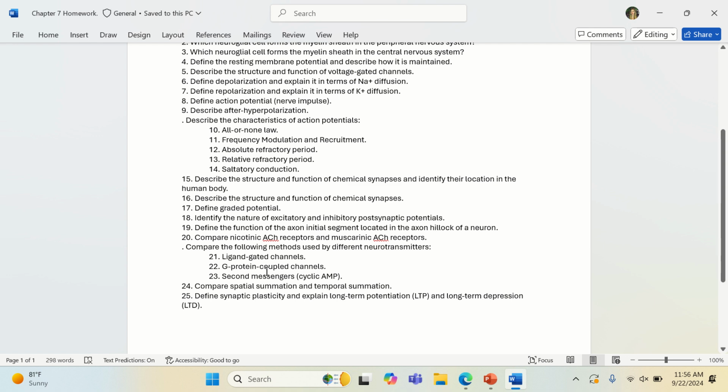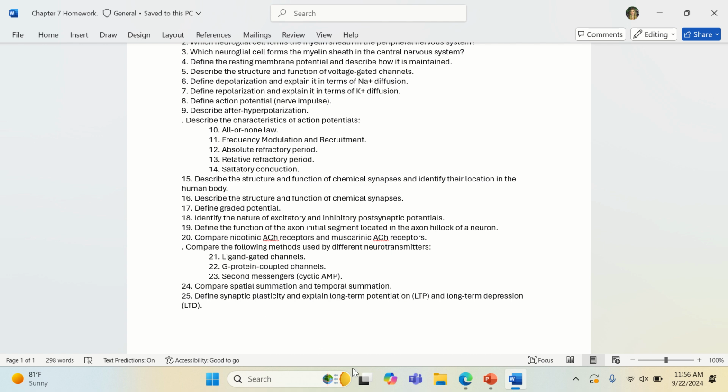So now we got to look at some different neurotransmitter methods. So we need ligand-gated channels, G-protein coupled channels, and then the second messengers. There's spatial summation. And okay, good, I just got ahead of myself. So you do get to talk about spatial summation and temporal summation, and then some synaptic plasticity.